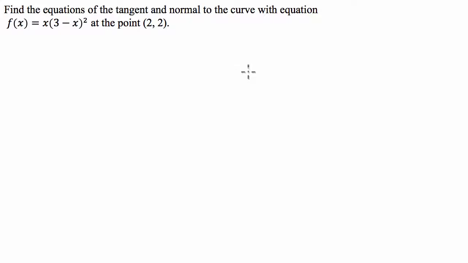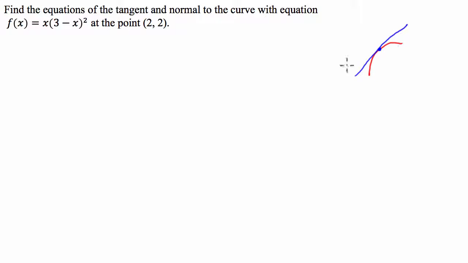So basically if we have a curve, let's just say it looks like this, and we're looking for a tangent at a particular point, let's say here, that's going to be some sort of line that just brushes the curve at a particular point where the gradient of the tangent and the gradient of the curve are equal.